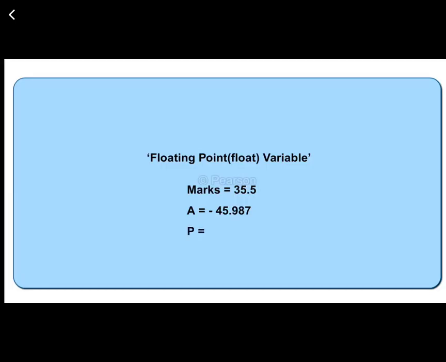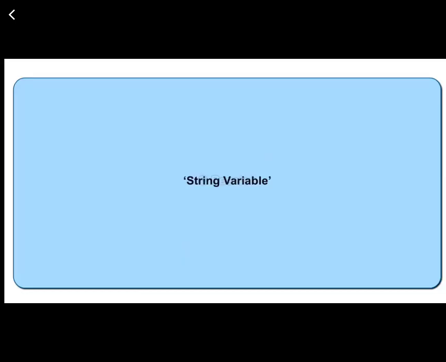P = 34.7e-6. In this example, e indicates the power of 10. Hence, the value of P is 34.7 into 10 to the power minus 6.